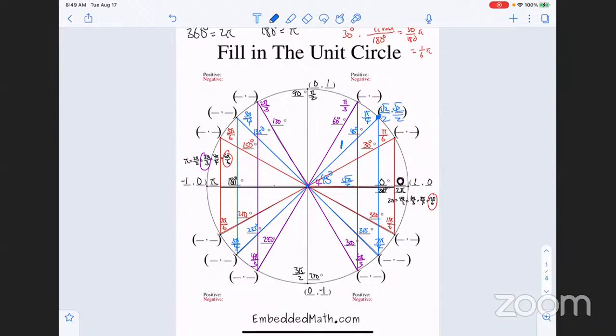The base of the triangle and the height of the triangle are square root 2 over 2. So that's where they get that from. It's not because they just ask you to memorize it; they actually know certain things. So that makes all the ratios: negative square root 2 over 2, square root 2 over 2, and negative square root 2 over 2, negative square root 2 over 2, because that's just quadrants. Square root 2 over 2 and negative square root 2 over 2.